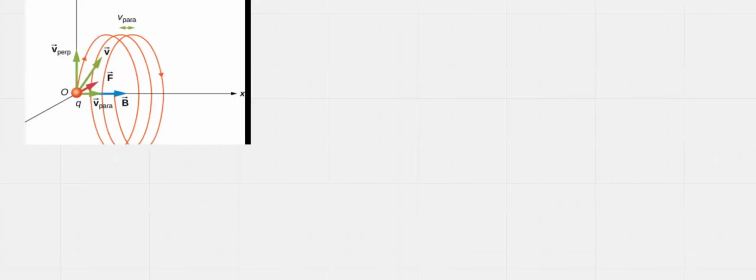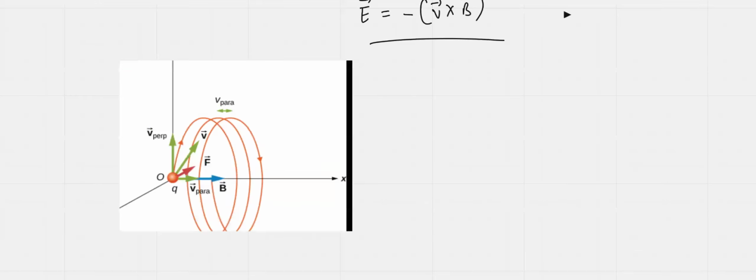Now you can see this image. So Kirtana, what's happening here is there's a charge moving. It was moving in this X, Y direction.